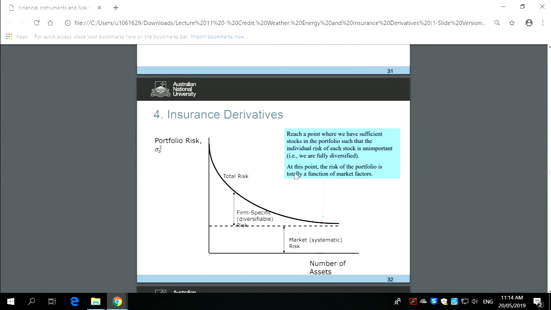when you learned about the concept of diversification, you have seen this graph, right? On the y-axis, you have the total portfolio risk, that's sigma squared, and on the x-axis, you have the number of risky assets.